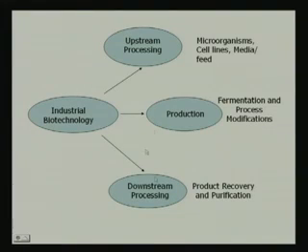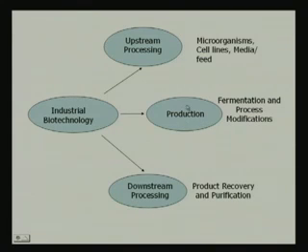Now, as I have already discussed in my earlier class on industrial biotechnology, when we are producing some product, the fermentation or production of any metabolite comes under the transition phase of upstream processing and downstream processing.